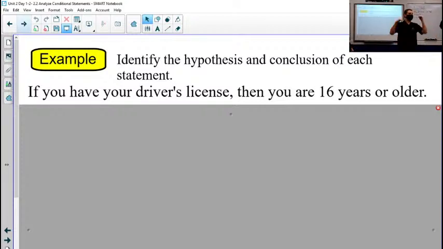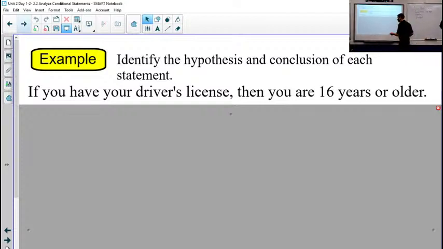That's the thing that I'm telling you about the person. Then the conclusion that you can guarantee me back about this person, because I know they have a driver's license, is, oh, they must be 16 or older. Because you have to be at least 16 to have a driver's license.